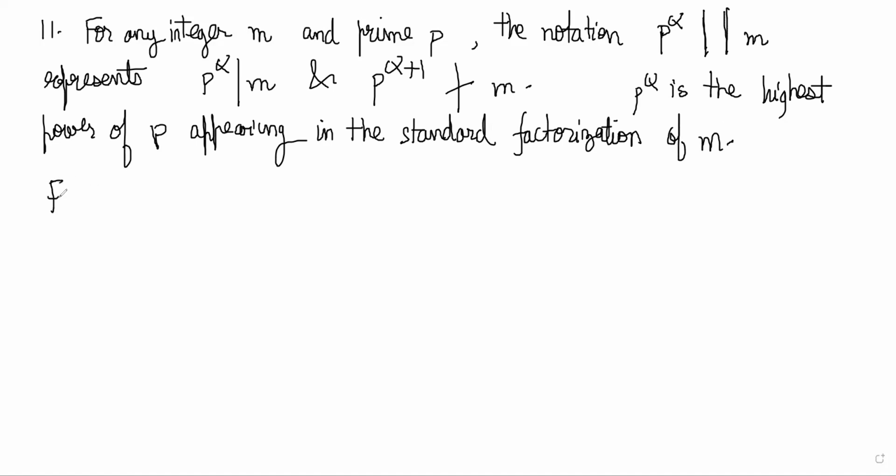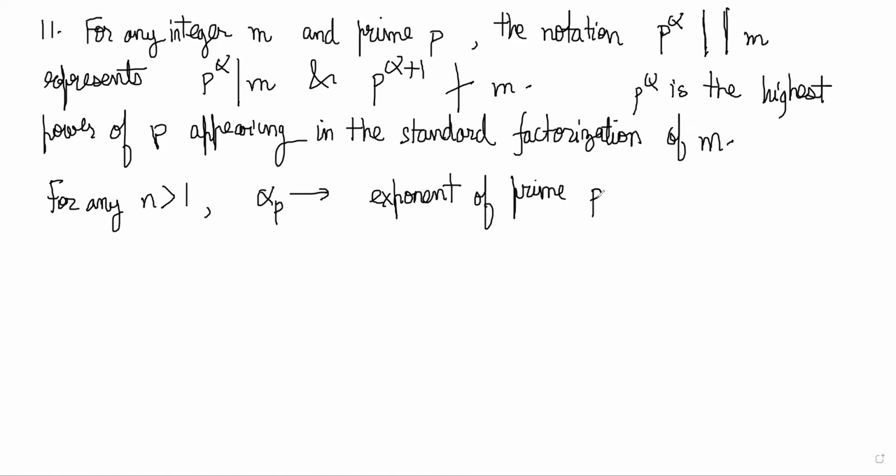So for any n greater than 1, how do we find the exponent of a particular prime number in that integer, right? So we want to find alpha p, which is the exponent of prime p in the factorization of n.